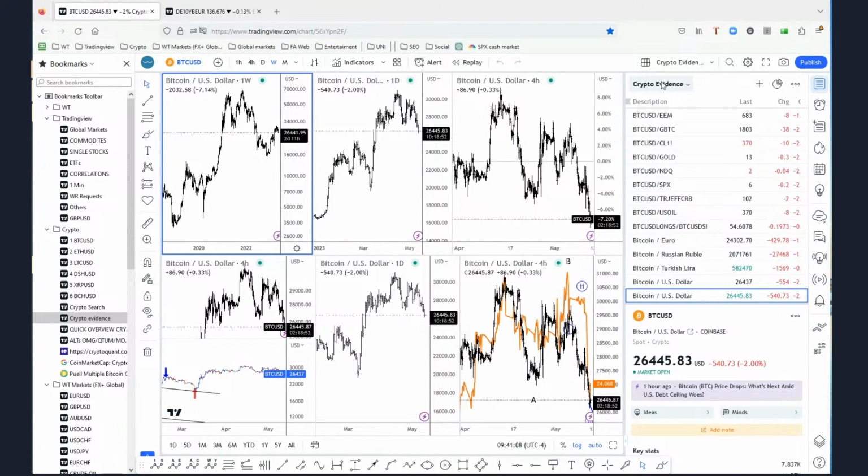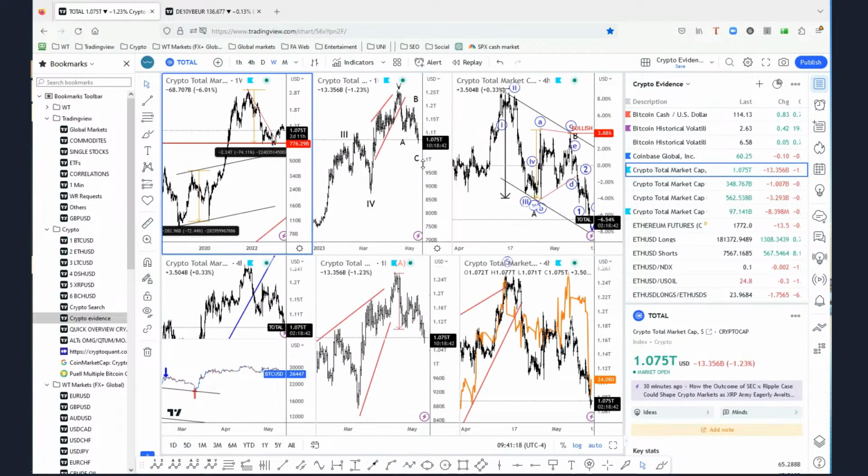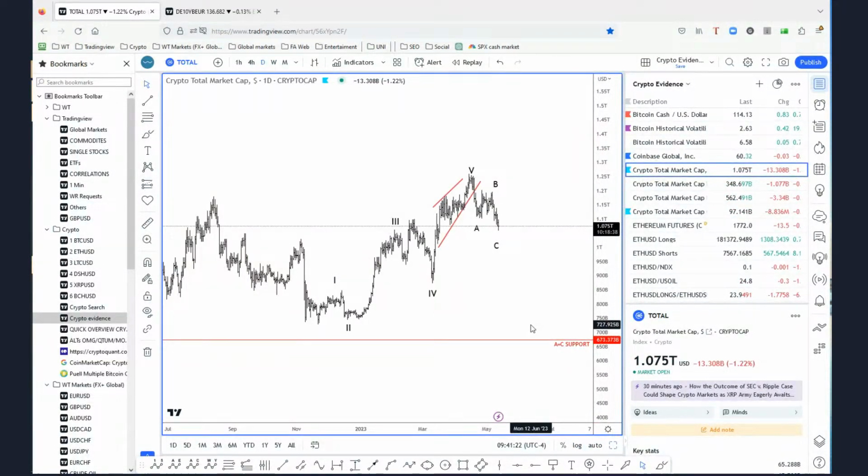Now let's take a look. Let me check my notes. So cryptocurrencies, as you know, are in a corrective retracement, and I've been sharing this chart a few weeks back.